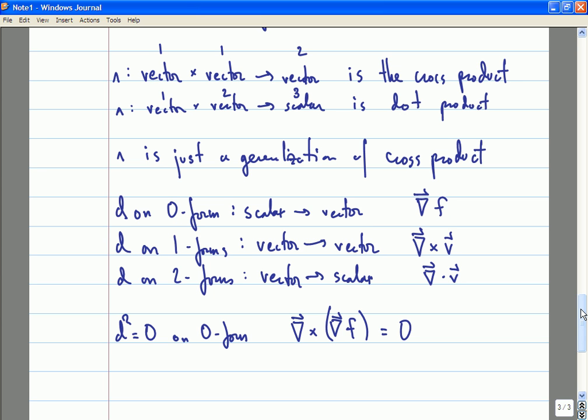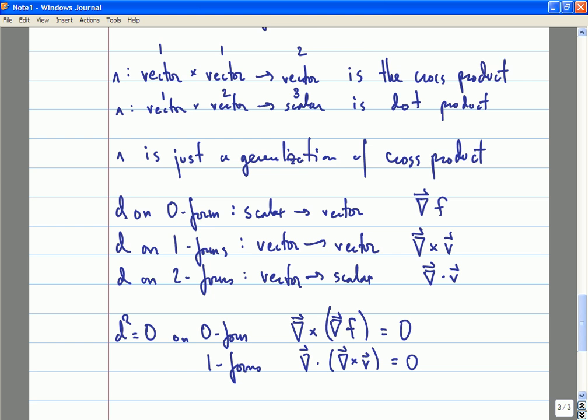Likewise, on 1-forms, it says that the divergence of a curl is equal to 0. That's also a true statement. It's true for exactly the same reason, because d squared is equal to 0. I bet you thought that those were different identities, the curl of a gradient and the divergence of a curl, but in fact it's the same thing.